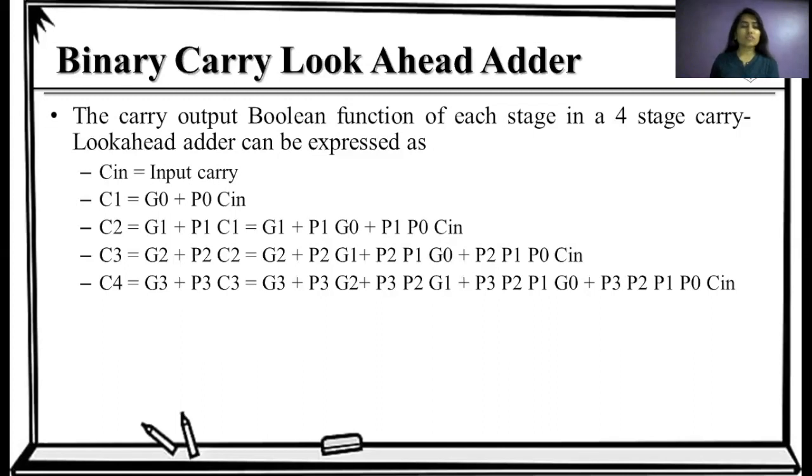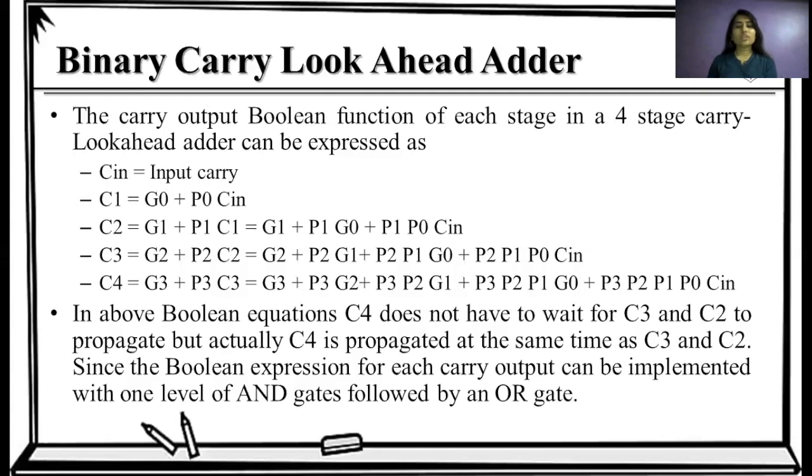For C4, G3 plus P3 C3 is equivalent to G3 plus P3 G2 plus P3 P2 G1 plus P3 P2 P1 G0 plus P3 P2 P1 P0 Cin. So using the value of the previous stage carry, we calculate the equation of the next carry.